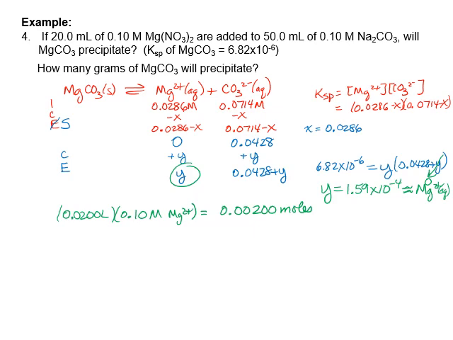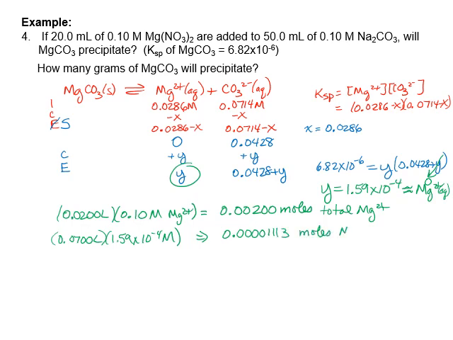So if we take that 0.002 moles of total magnesium and subtract the moles of magnesium that are staying as the ion, this is going to be 70 milliliters of 1.59 times 10 to the minus 4 molar, or 1.113 times 10 to the minus 5 moles, that will be in the aqueous form.